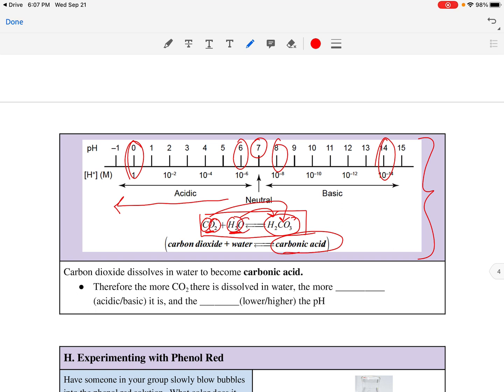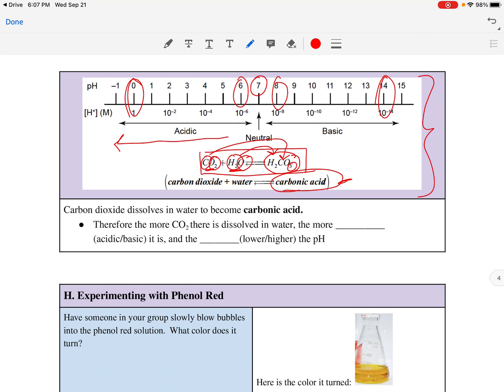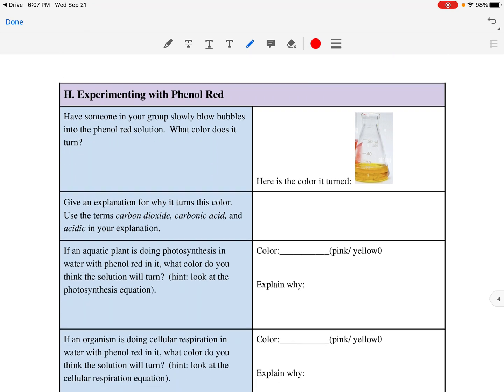And then we have 2 oxygens from the carbon dioxide and 1 oxygen from the water, and they appear here as these 3 oxygens. So carbon dioxide, when it's dissolved into water, binds with the water and becomes carbonic acid. So then knowing that carbon dioxide dissolved in water forms an acid, you're going to answer this question.